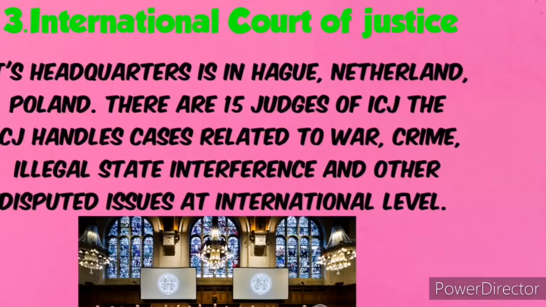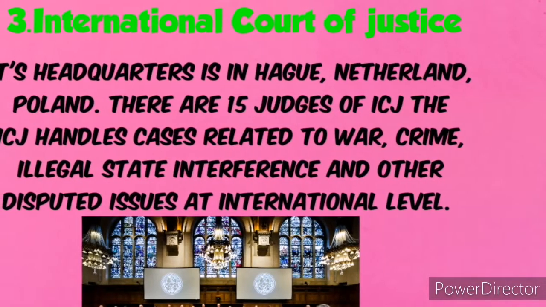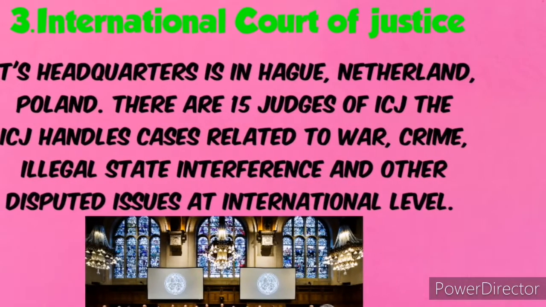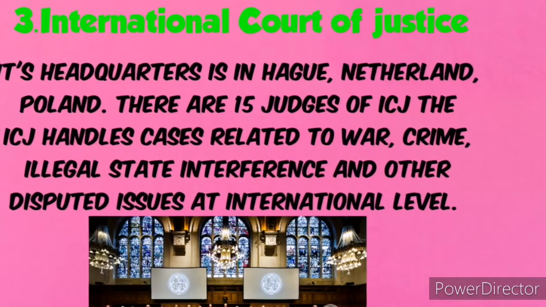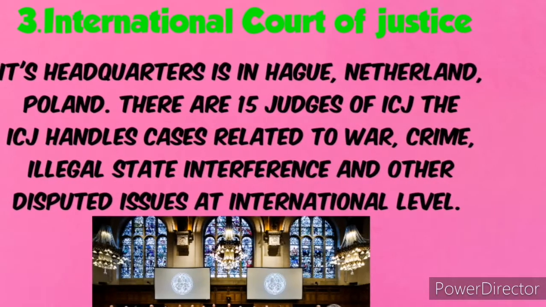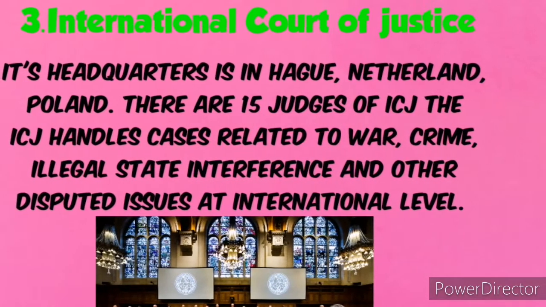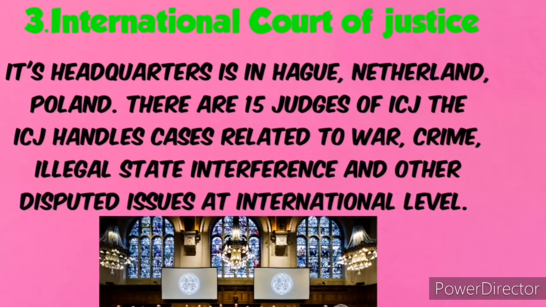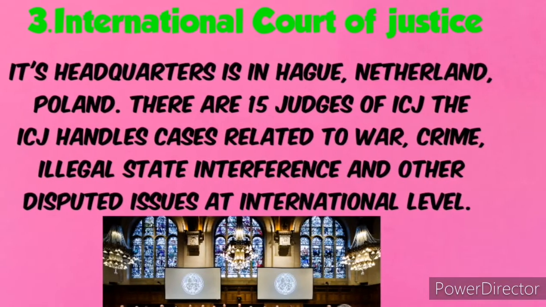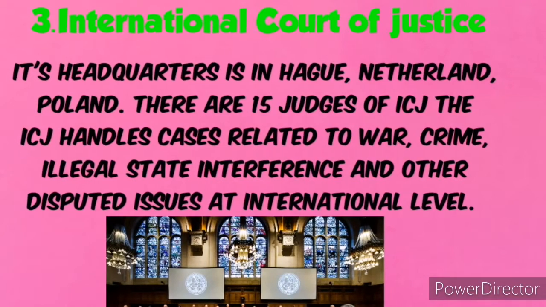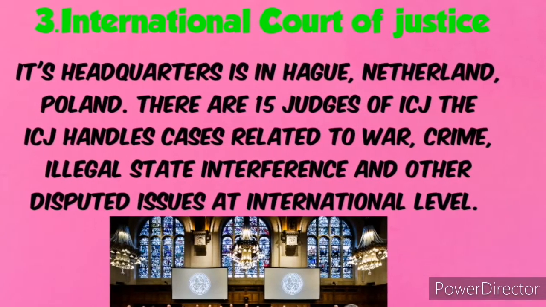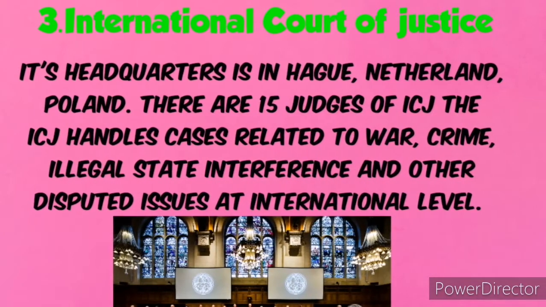Number 3. ICJ. ICJ is abbreviated as International Court of Justice. The United Nations International Court of Justice was established on 26 June 1945. The headquarters of the ICJ is in The Hague, Netherlands.